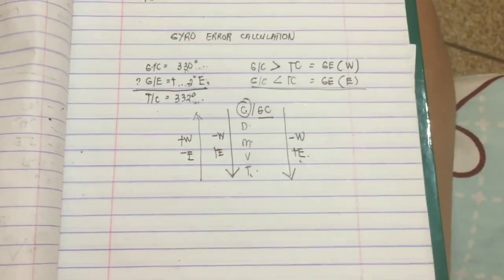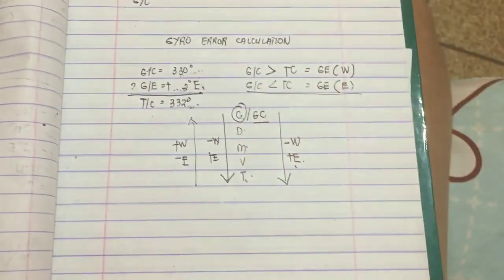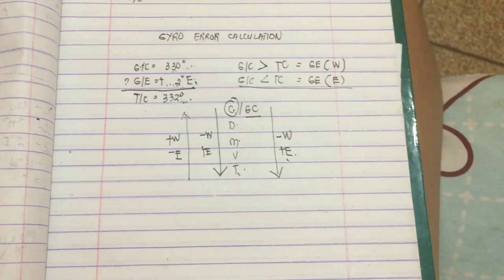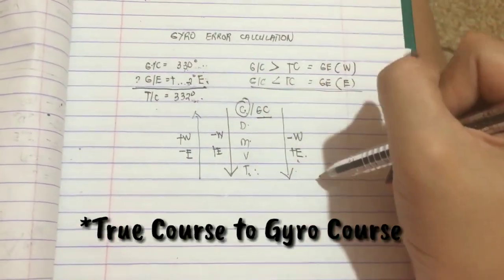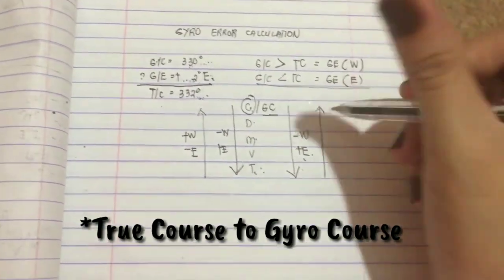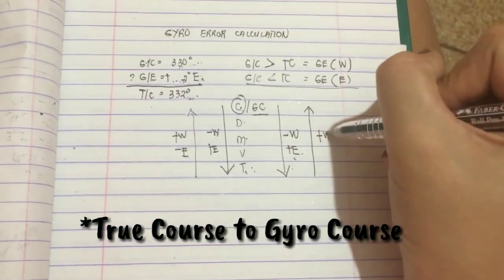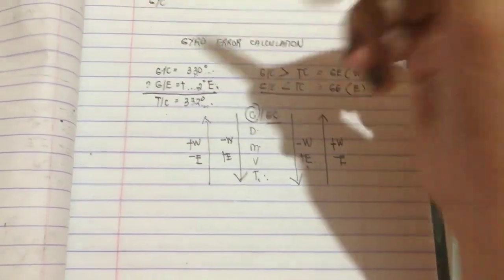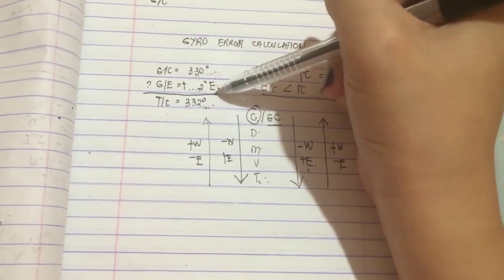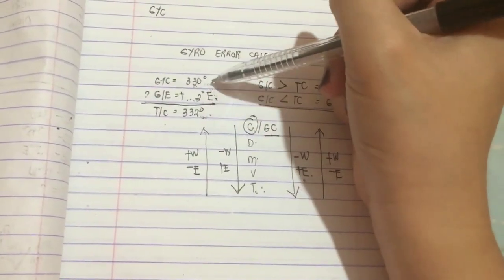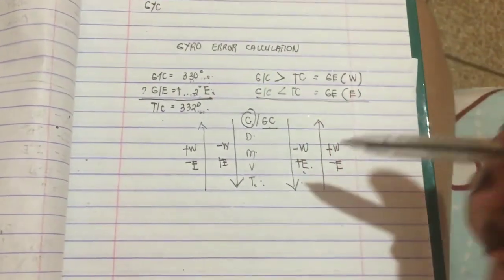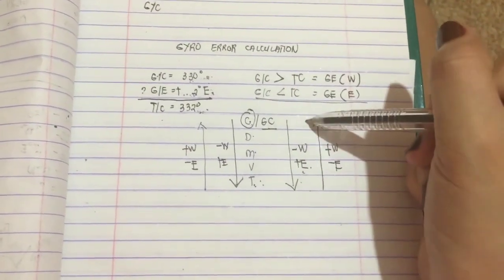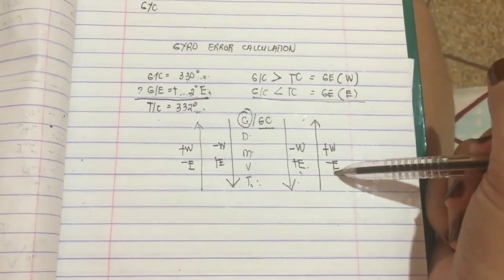Okay, so if you want to check if the answer is correct, you can also use true course to gyro course, which means add westerly and subtract easterly. So what should be the value of gyro error in order for us to get the 330 degrees gyro course? True course to gyro course, east, means subtract.